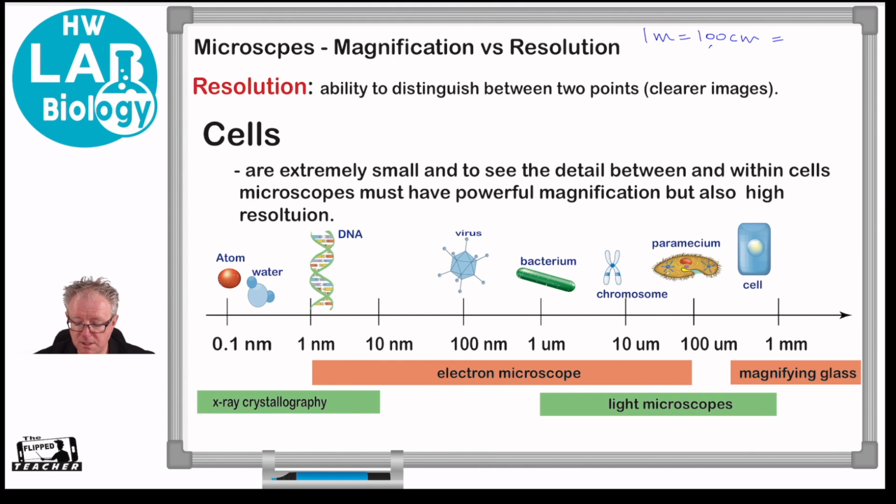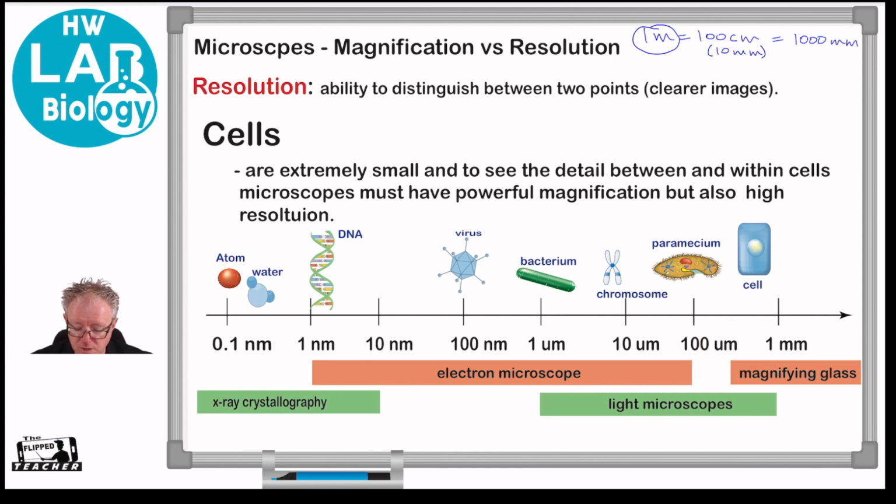So altogether 1 meter would be 1,000 millimeters. You're used to knowing that. From our diagram, a magnifying lens can only see down to around 1 millimeter, the size of cells. If we want to go smaller than that, we enter another unit called micrometers.